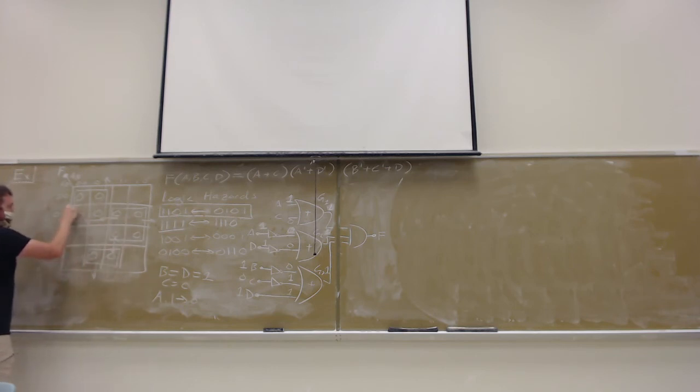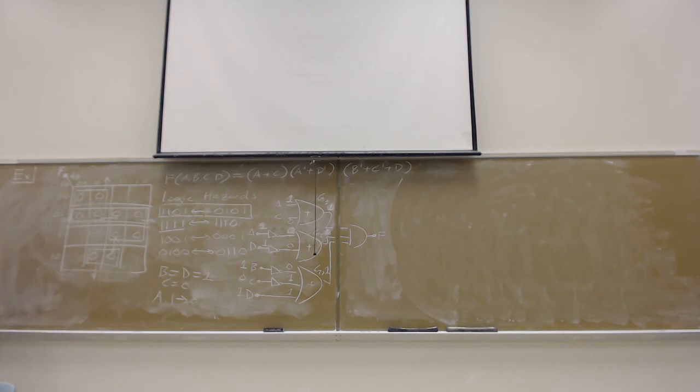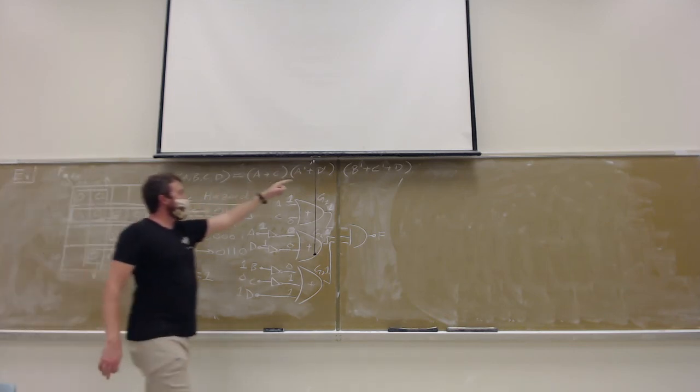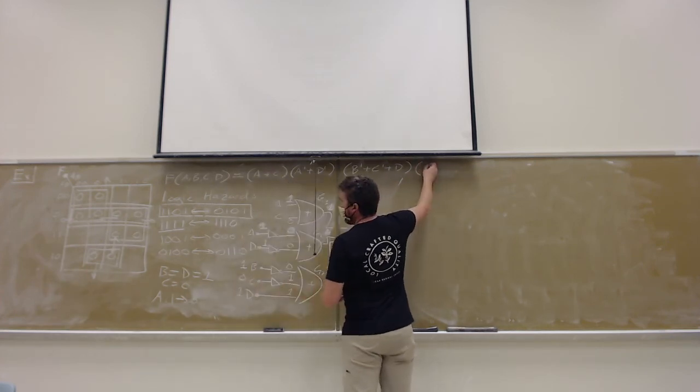So what we'll do is this, I'll take a group of 4 here. Again, this is gonna give us a not optimized result, but this term will cover up these 2 logic hazards. So what is that gonna get us? That's gonna get us CD is 0, 1. So we're going to tack on to our original expression here an OR, what was it, 0, 1?